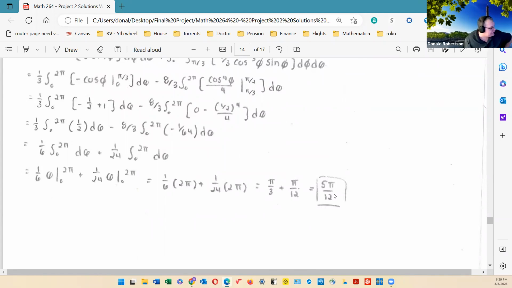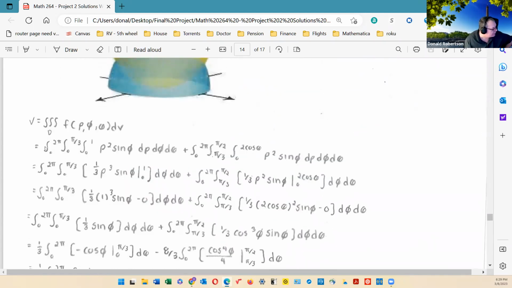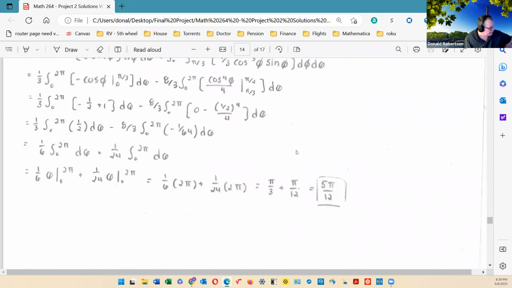So your goal is to find the integral of 0 to 2 pi, 0 to pi upon 3, rho from 0 to 1 of this expression, and then 0 to 2 pi, pi upon 3 to pi upon 2, rho equals 0 to rho equals 2 cosine phi of this guy. And when you combine the two, 5/12 pi.